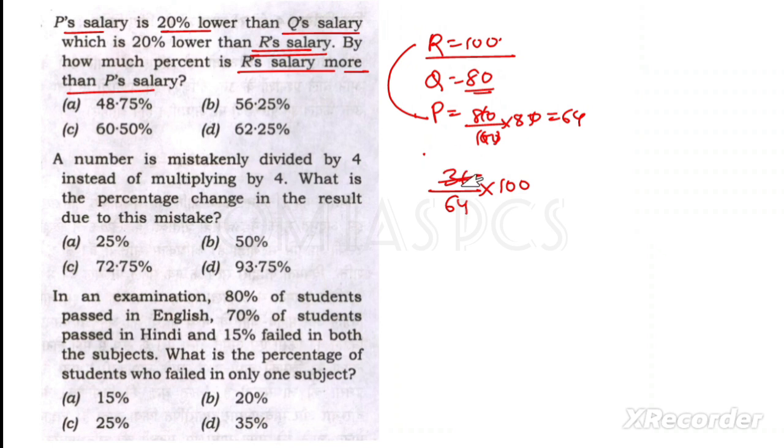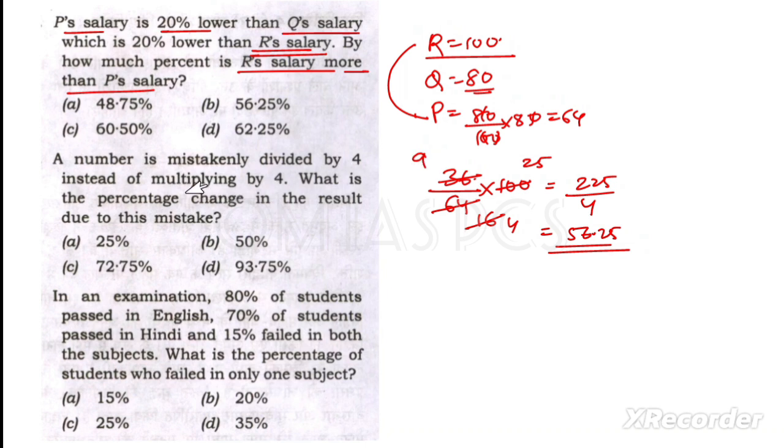When we divide with 4, it is 9 by 16, so this is 25 times 9, so here it is 225 by 4. So again we will get 56.25. So this way it is easy to solve this question. Okay, got it?